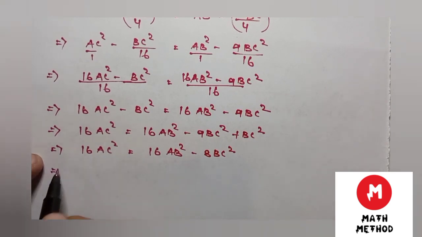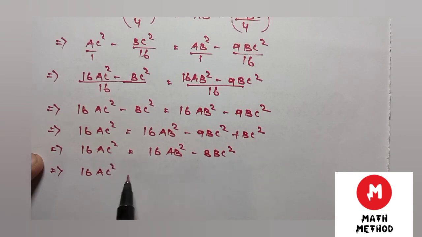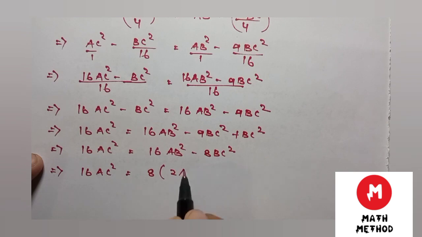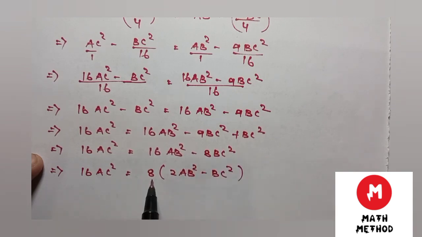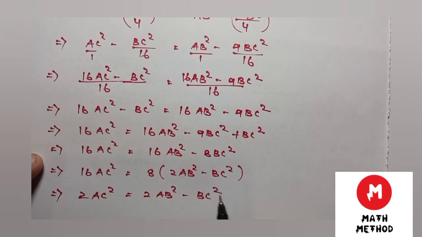So 16AC square equals, by taking 8 common from both, 8 times 2AB square minus BC square. Now transpose 8 to the LHS, here 8 is multiplied with this, so it will become the denominator. So 16 upon 8 equals 2, our 2AC square equals 2AB square minus BC square.